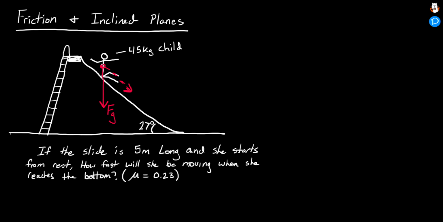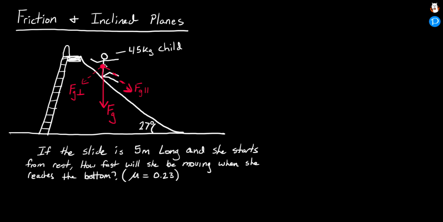So gravity puts a force that pulls the child down parallel to the surface of the slide, and gravity is also pulling perpendicular to the slide, holding the child to the surface of the slide. So gravity is doing both of those things. It's broken up into those two components. We'll call this one the force of gravity perpendicular because it's perpendicular to the surface of the slide, and this will be the force of gravity parallel because it's parallel to the surface of the slide.